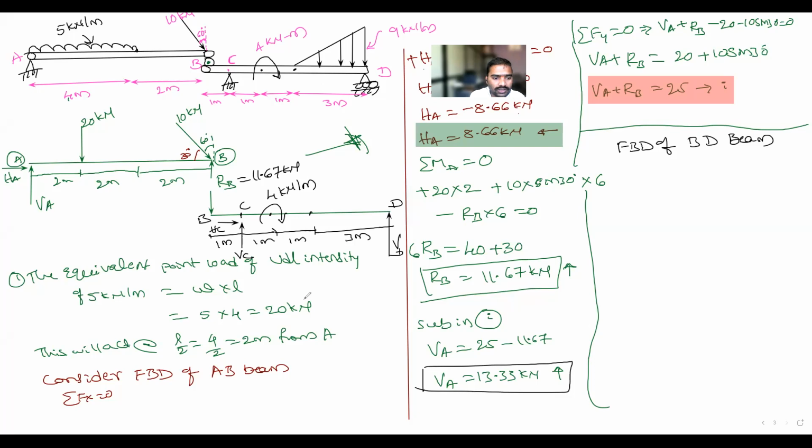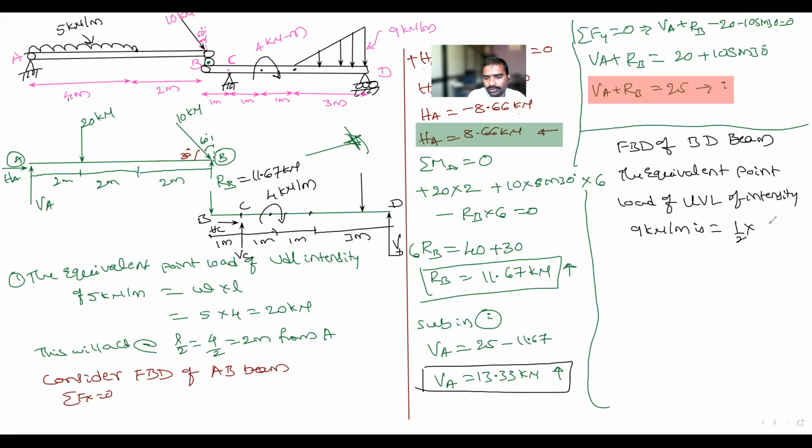Next you have to convert this triangular load, the UVL intensity, into an equivalent point load acting downward. The UVL is 9 kilonewton per meter, so the load is half base into height.